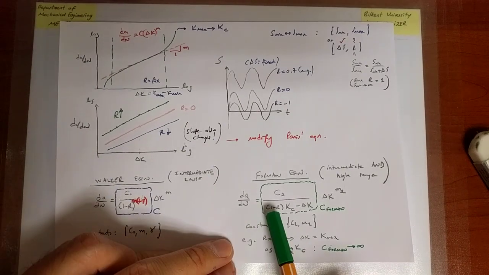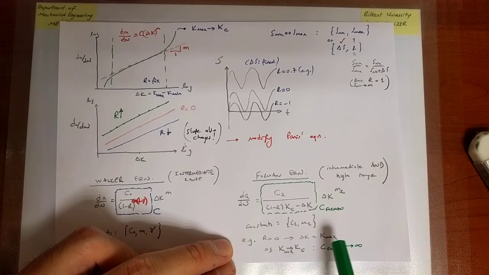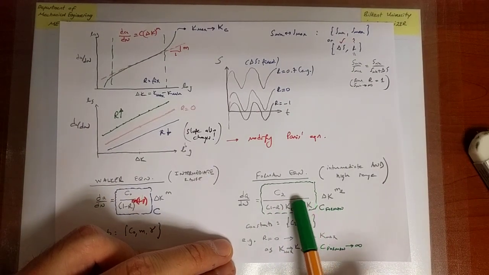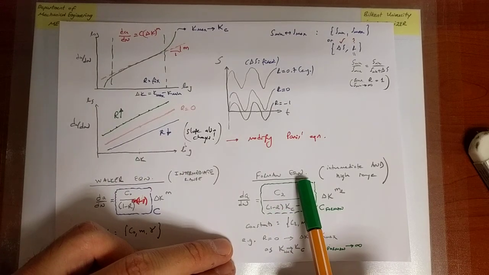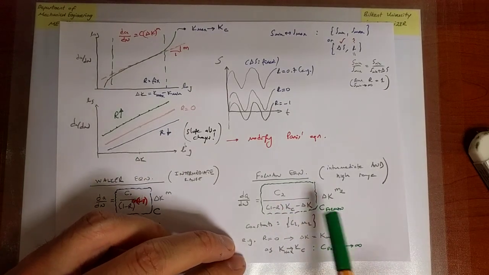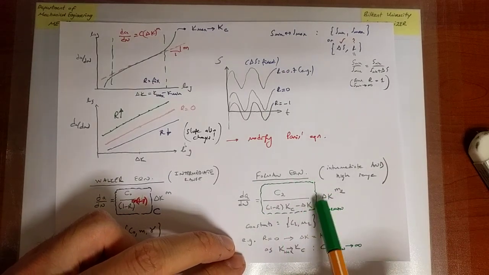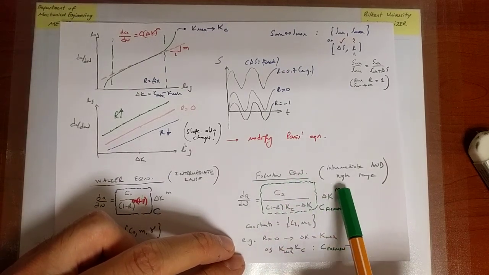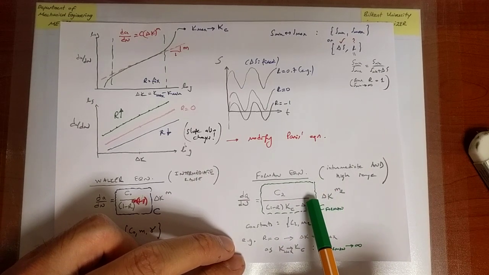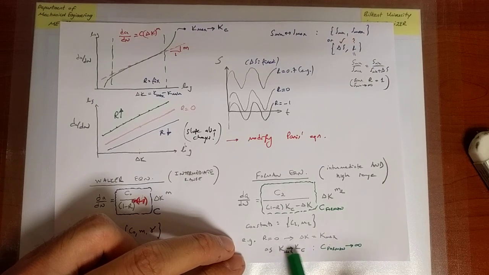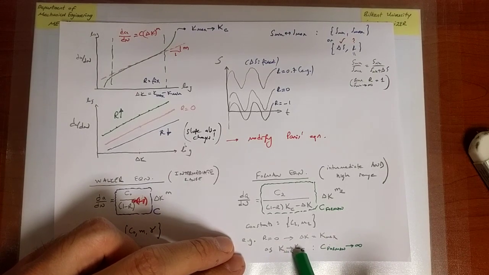This is 1, Kc minus delta K, as K max approaches Kc, this goes to 0, and this factor C Foreman blows up. In other words, the so-called constant, the parameter in front of delta K to a constant power m2, keeps increasing if you are sufficiently close to the fracture toughness of the material.